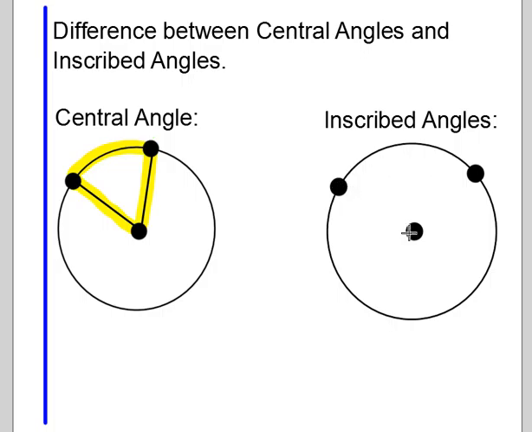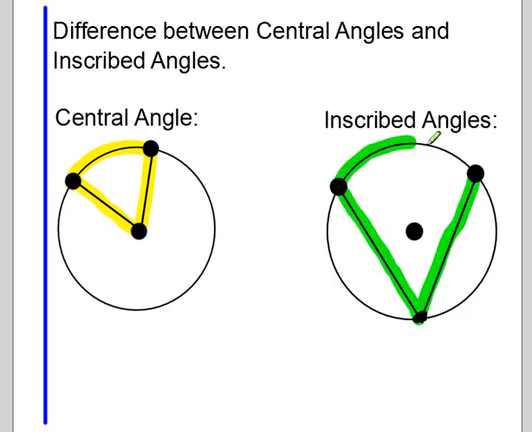Inscribed angles do not connect to the center of the circle. Inscribed angles connect to the edge of the circle. But they do include an angle. So central angles connect to the center. Inscribed angles connect inside of the circle but do not connect to the center.